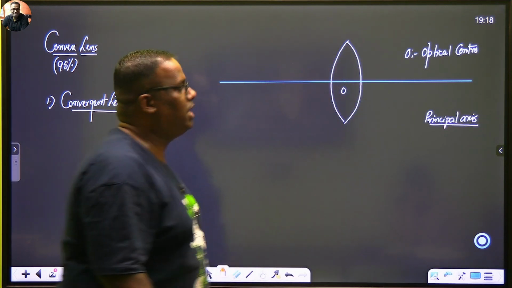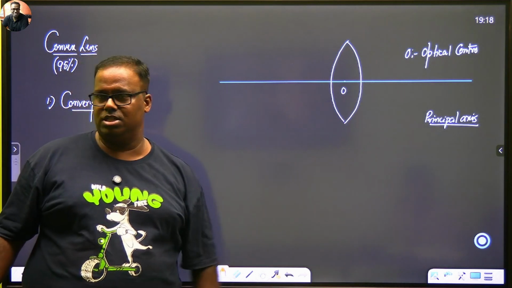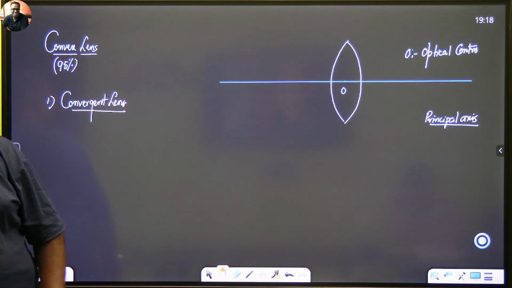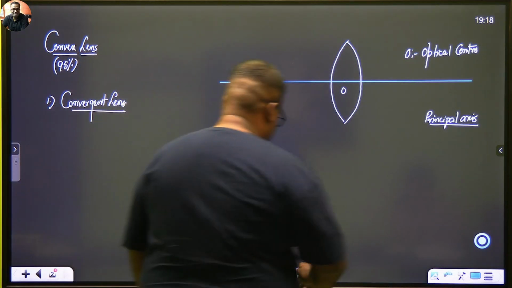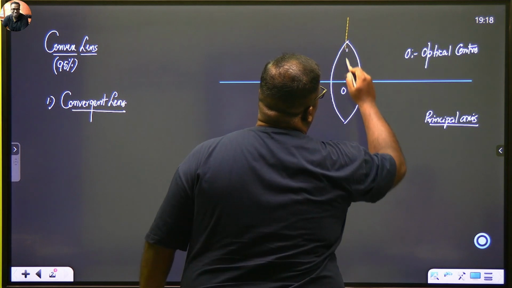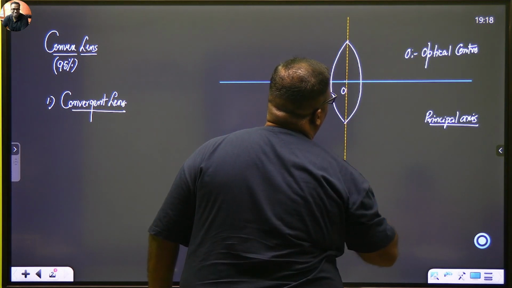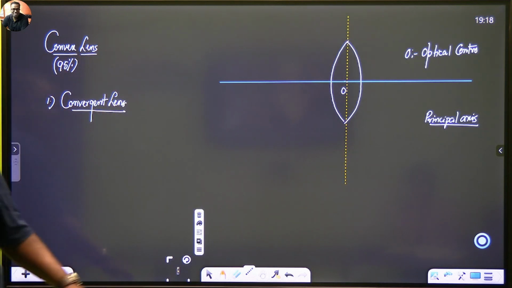What is the principal axis? The principal axis is an imaginary line that passes through the optical center. Have you understood? The lens will definitely have an axis, and the axis of the lens is kept exactly perpendicular to the principal axis.